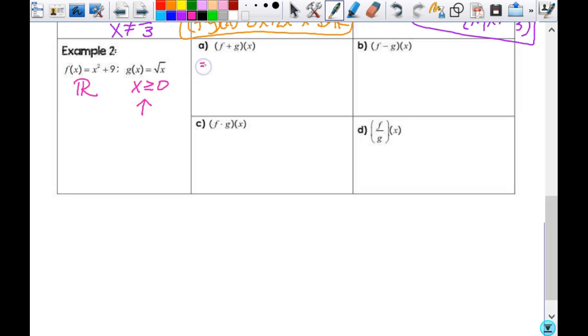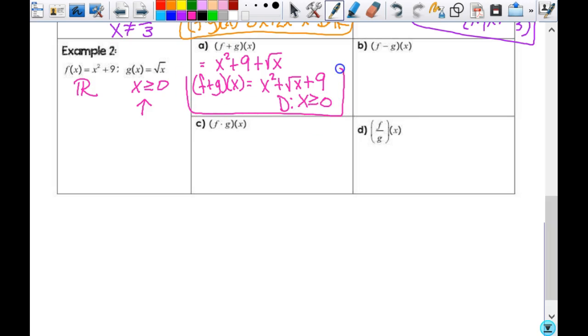So then f plus g would be x squared plus 9 plus the square root of x. Then we should put this in descending exponent values. So that would give me x squared plus the square root of x plus 9. Then my domain is x is greater than or equal to 0.